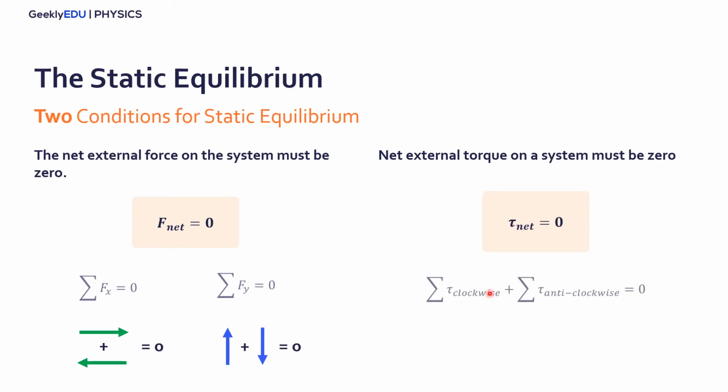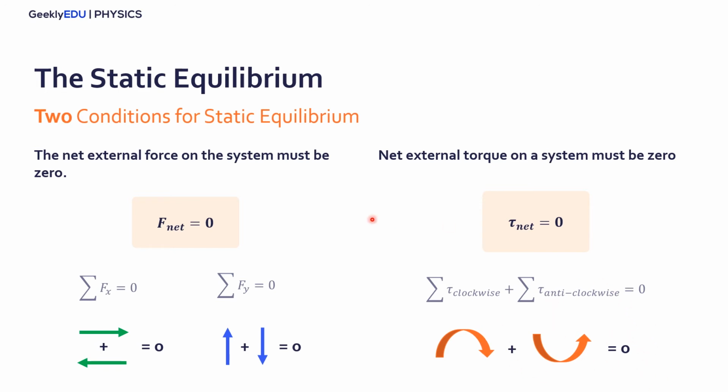That means all the torques acting on an object making it turn clockwise, plus all the torques acting on it making it turn anti-clockwise, if we sum all these torques, it must be zero.